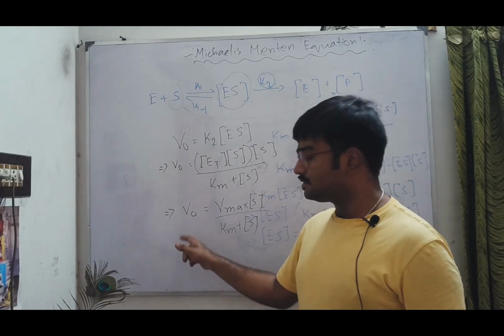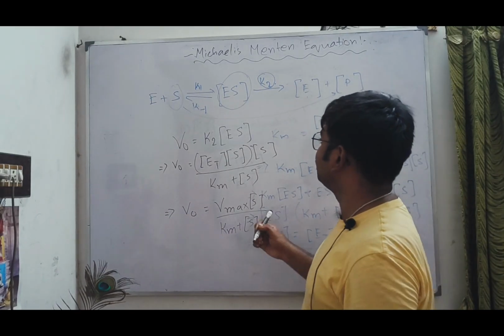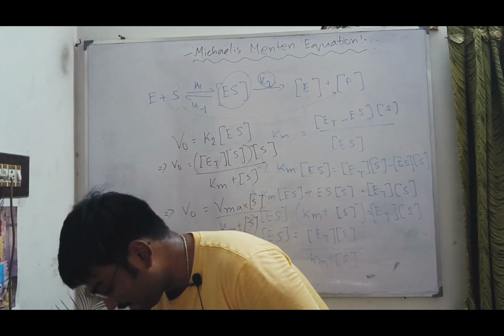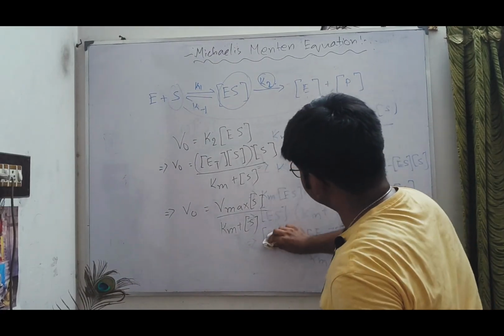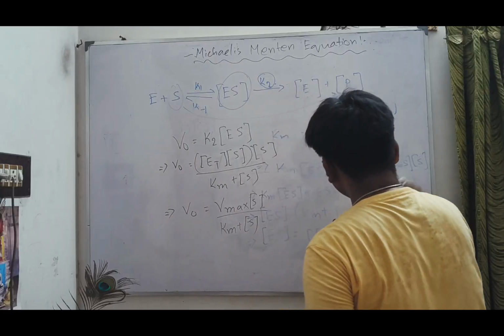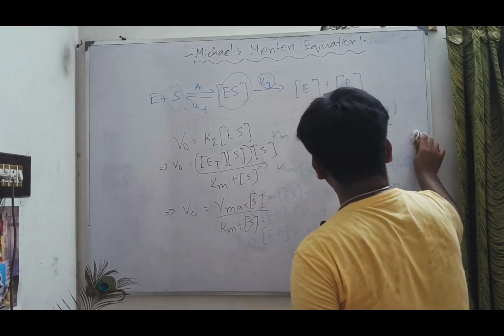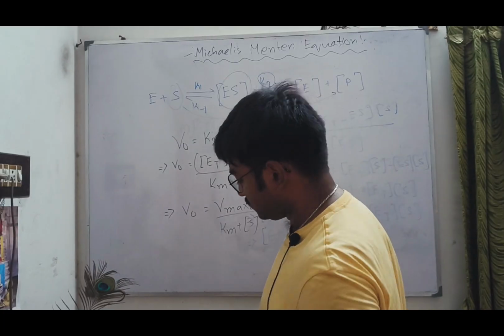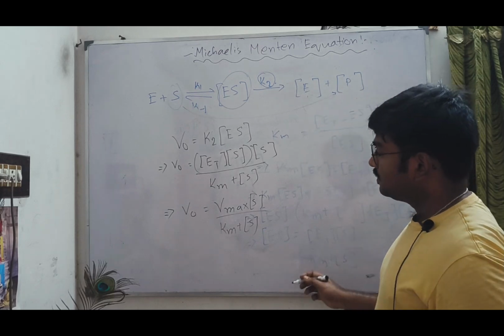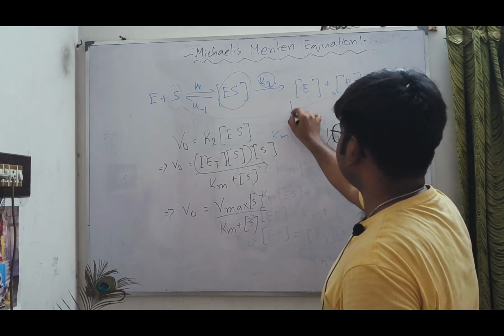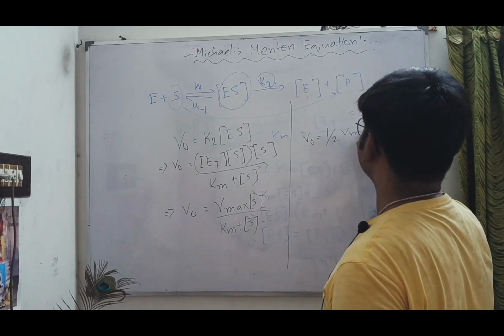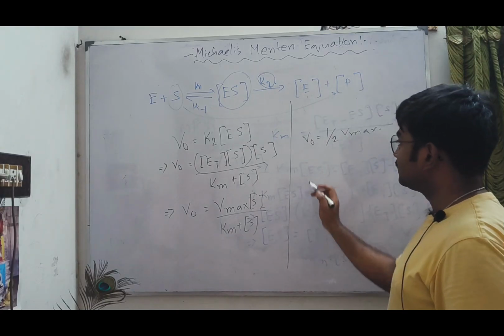And if I take V0 as half, what will happen? Let us assume that V0 equals half of Vmax. Then put it in the value.